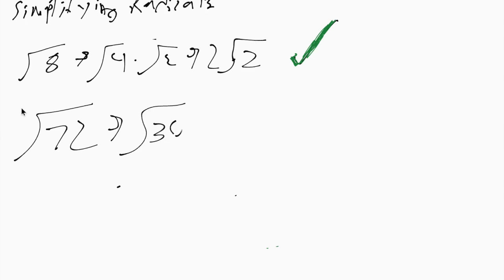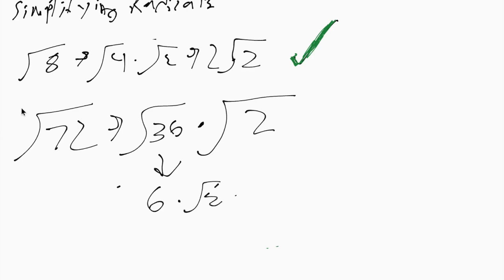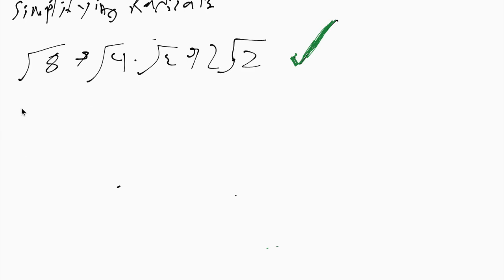And root of 72, like we saw before, is root 36 times root 2. Root 36 is 6. Root 2 is root 2. So 6 root 2 is the answer. So root 72 equals 6 root 2.